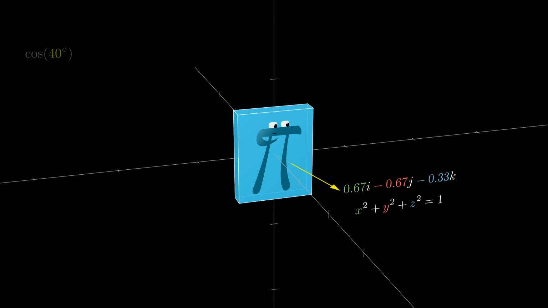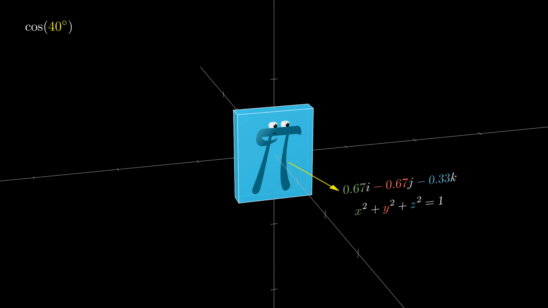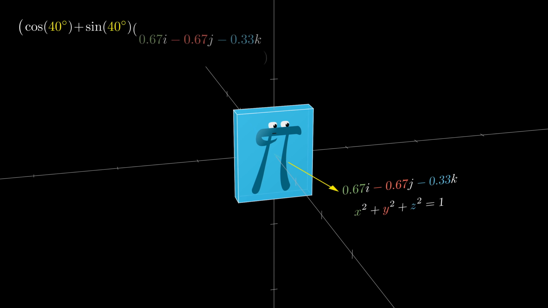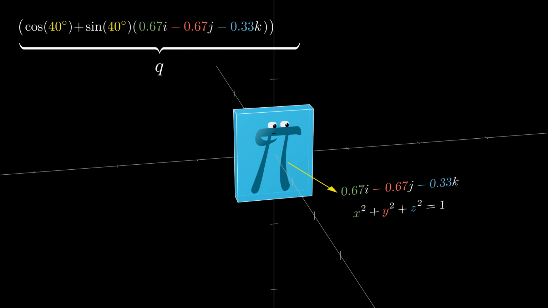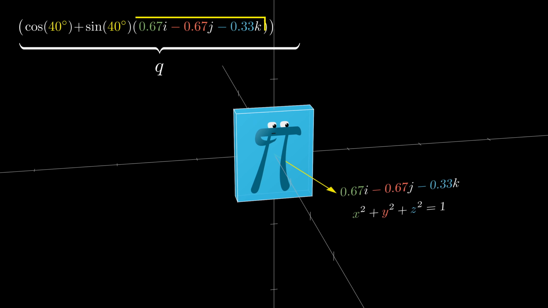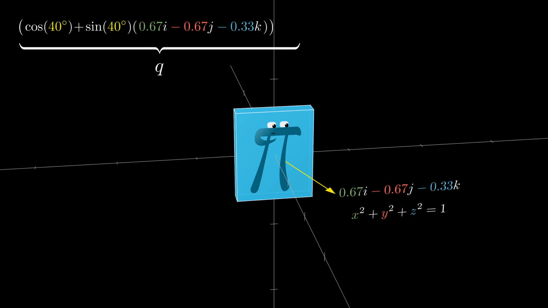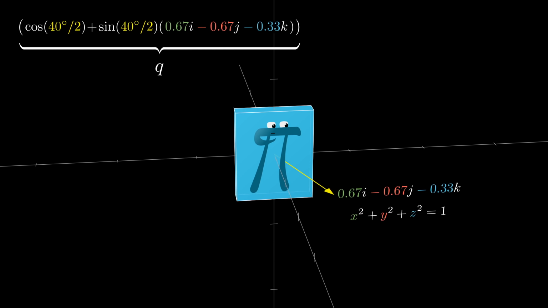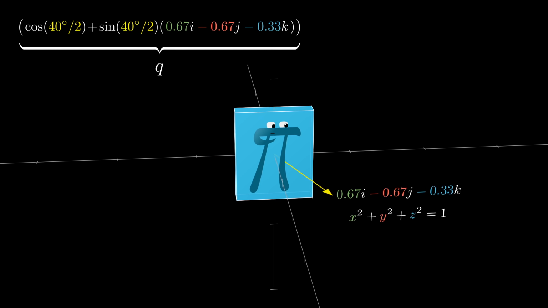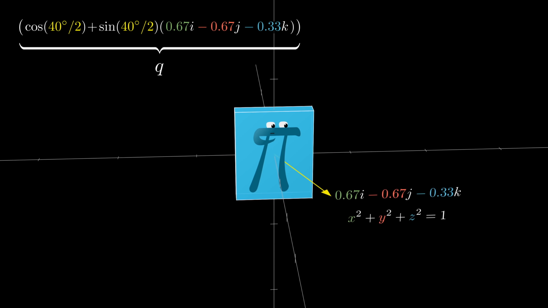Similar to the case of complex numbers, you use the angle to construct a quaternion by taking cosine of that angle as the real part, plus sine of that angle times an imaginary part. Except this time, the imaginary part has 3 components, the coordinates of our axis of rotation. Well, actually, you take half of the angle, which might feel totally arbitrary, but hopefully that's going to make some sense by the end of this whole experience.